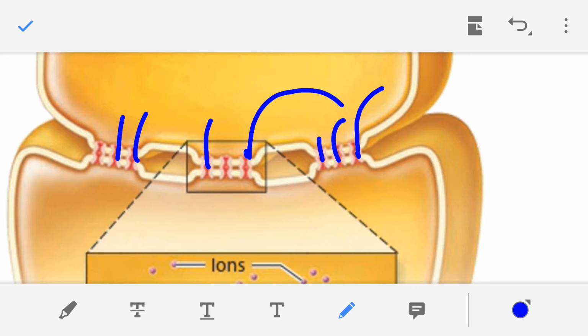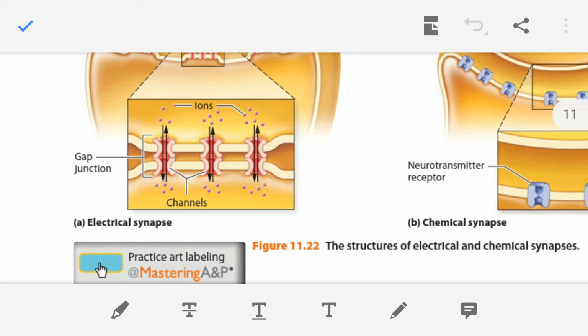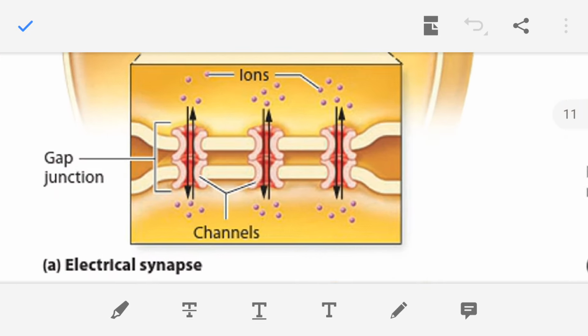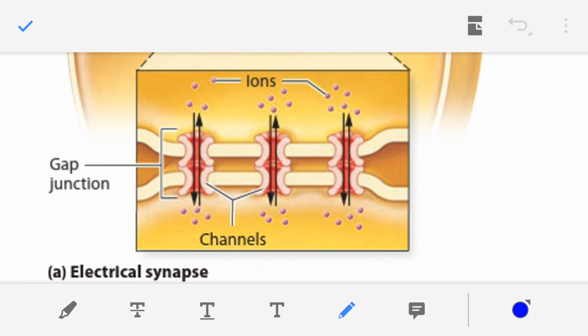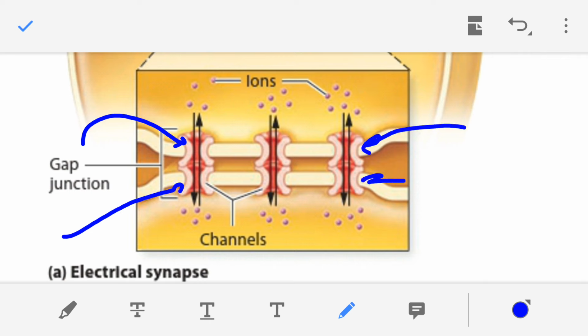Now let's see the structure of the gap junction. In the structure of the gap junction, you can see this is the ion channel, and the ion channels are aligned one on the other.